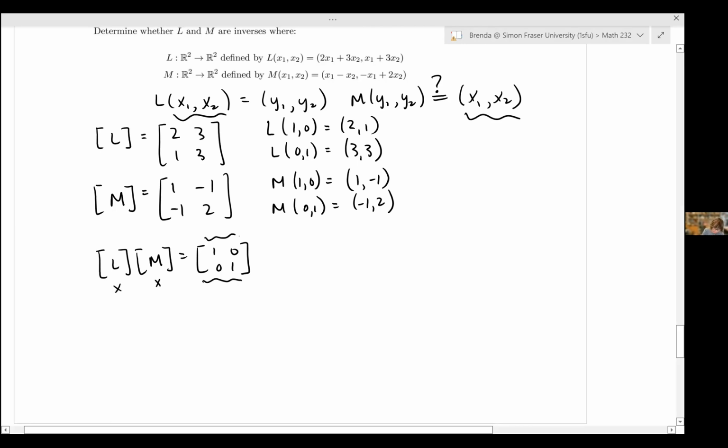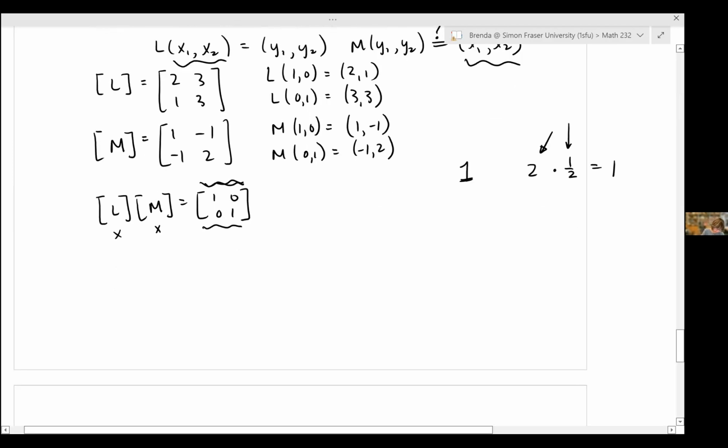This is the identity element for a 2 by 2 matrix. The number 1 is the multiplicative identity element for multiplication of numbers. So if I have the number 2, then I multiply by 1/2 and I get 1. So these two things are multiplicative inverses.